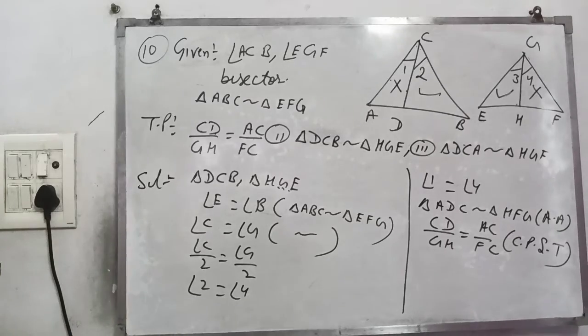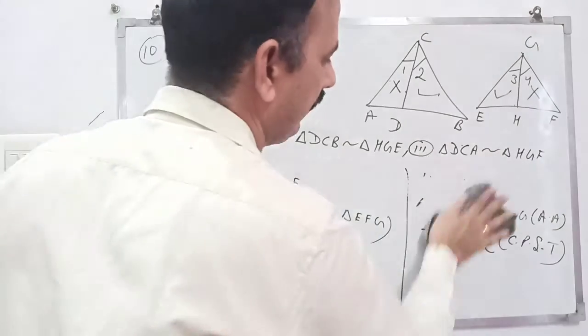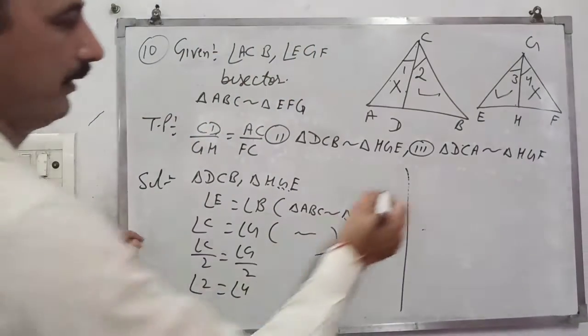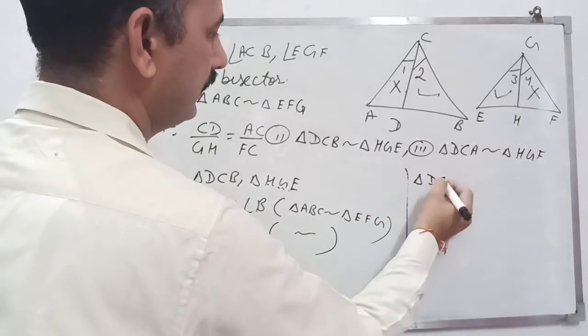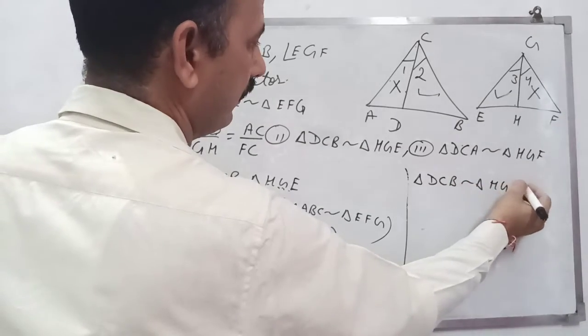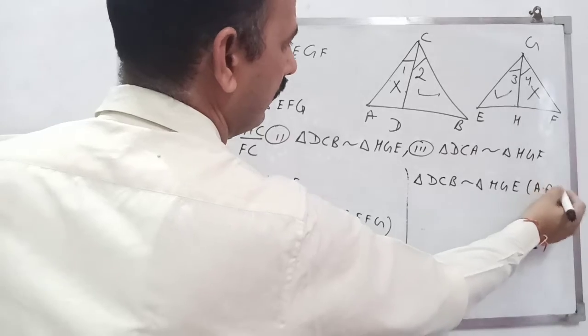Two triangles become similar if their two angles are equal. So triangle DCB is similar to triangle HGE by AA, right?